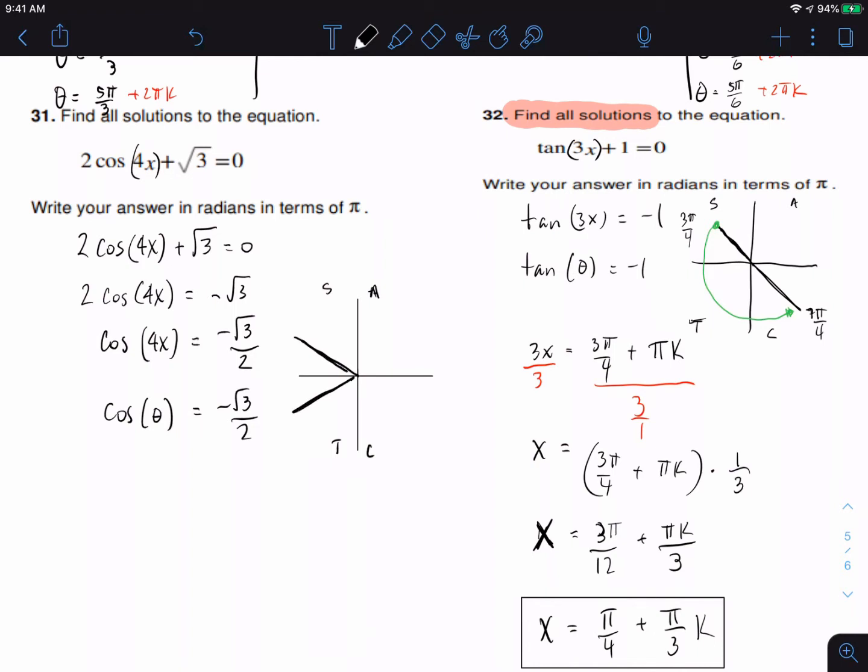And so this is going to occur at 5 pi over 6, and this is going to occur at 7 pi over 6, right? Now, with this problem, is it a half circle or even a quarter circle rotation?